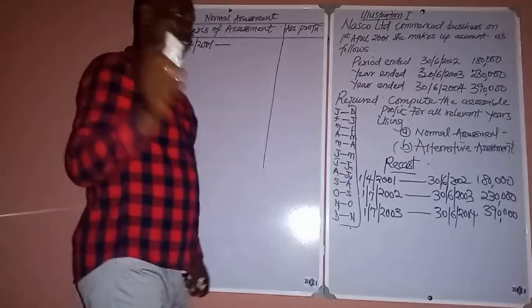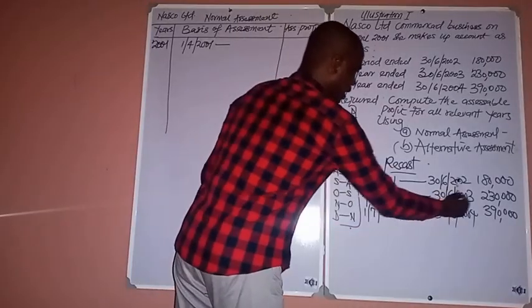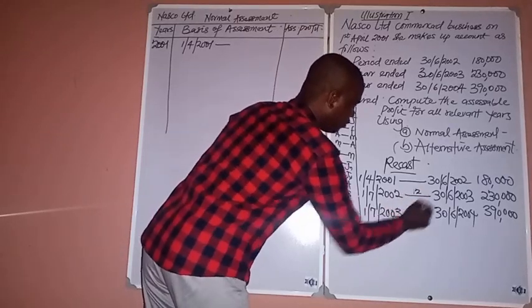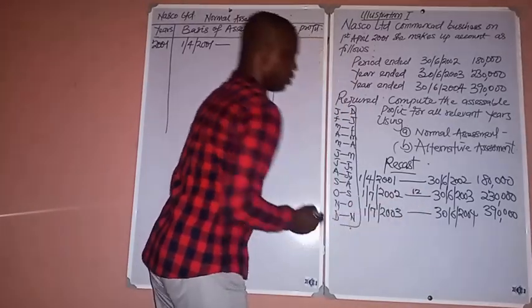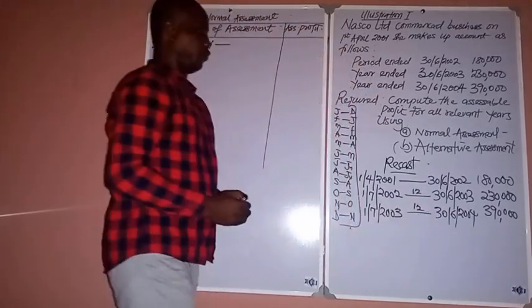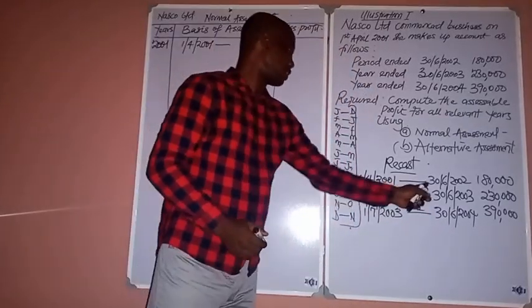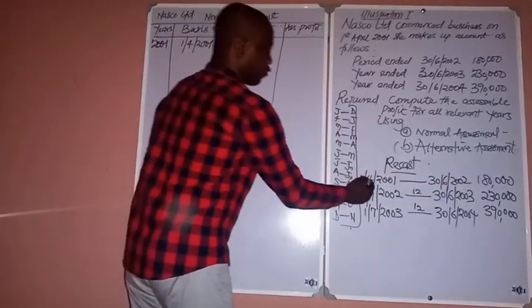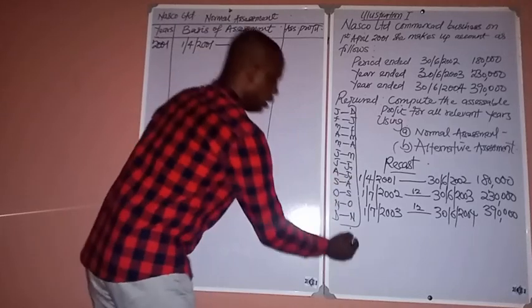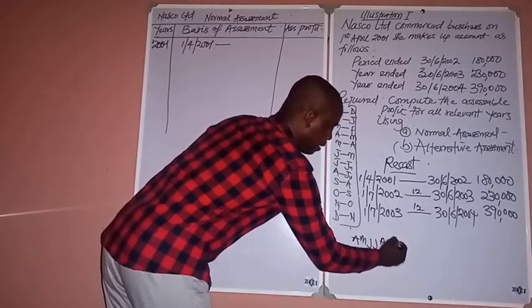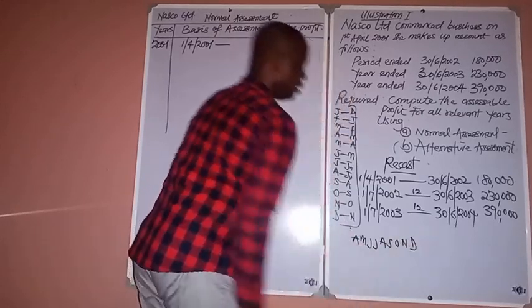Though there's something I normally teach my students, you need to calculate how many months that is. How many months here you put it up. Like this one, you don't have anything. This one is 12 months. This is 12 because they say year ended. And also this one is 12. So if you want to calculate from 1/4/2001 to 30/6/2002, you have to start from April. 1/4, April, May, June, July, August, September, October, November, and December.